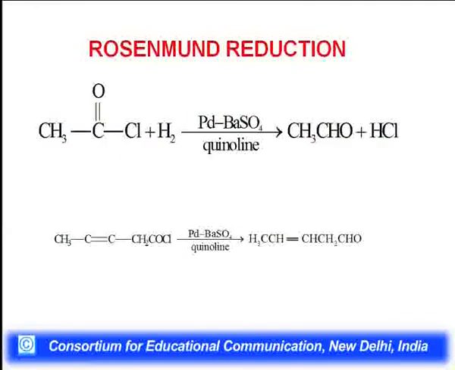Please remember, the reaction mechanism is somewhat similar to what we do for the reduction of alkenes. But when we do the reduction of alkenes, hydrogen is added across the C double bond C. Here hydrogen does not add across C=O, because this bond is very strong and it is difficult to break.